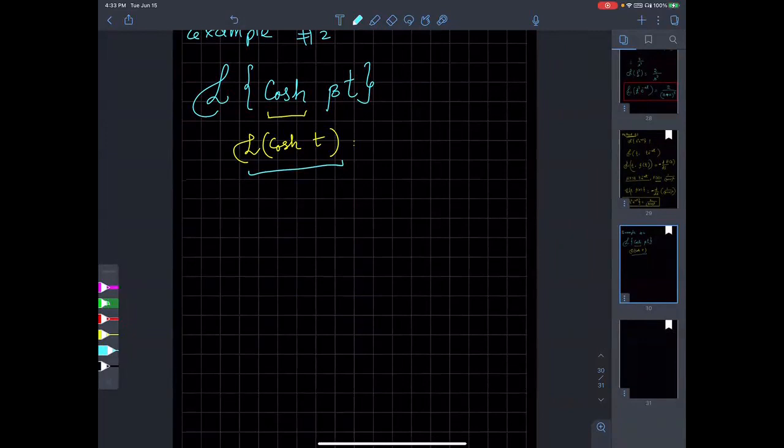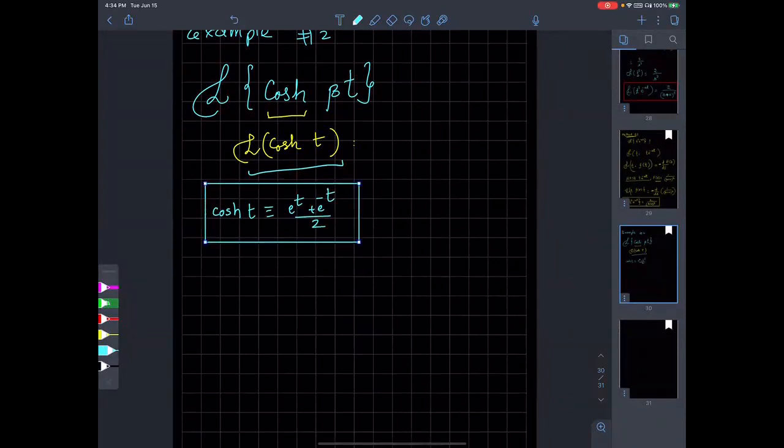The outside definition that I'm going to bring here is cosh of t is e to the t plus e to the minus t over 2. That's a trigonometric definition that we should be able to Google.